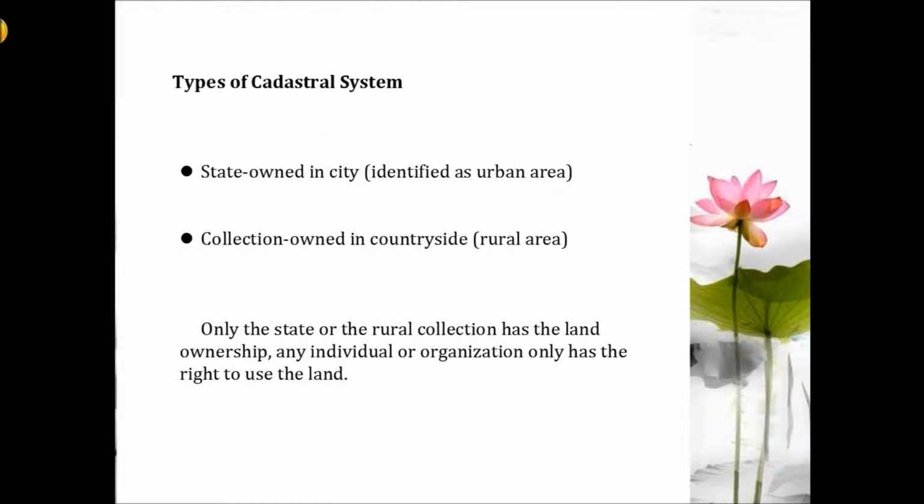However, China is a socialist country, so it has some special conditions. In 1986, the State Bureau of Land Administration stated that with the establishment of cadastral in China, the multi-purpose cadastral and land information system has gradually been established and put into use.